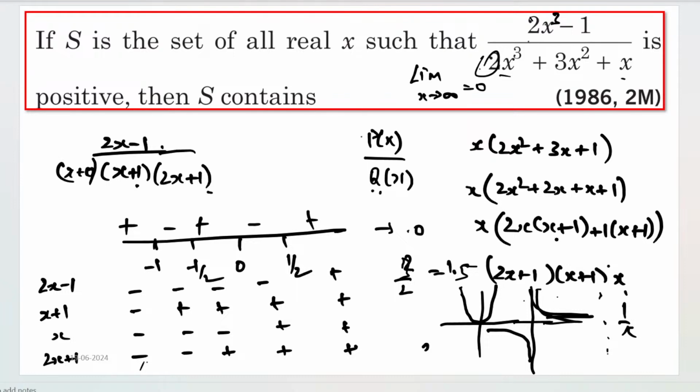Now, if it is a rational function, generally there is only one horizontal asymptote. If it is not a rational function, if you create some other creative function, then you can have at max two: one on the positive side, one on the negative side. By definition, horizontal asymptote is what?